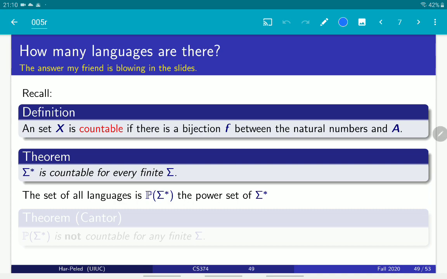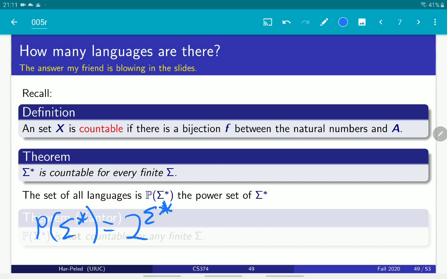To remind you, a set is countable if there is a bijection between the set and the natural numbers. And we already showed that sigma star is countable. The set of all languages is the power set of sigma star. Officially, sometimes it's written as 2 to the power of sigma star, because formally this is the set of all functions from sigma star to {0, 1}.